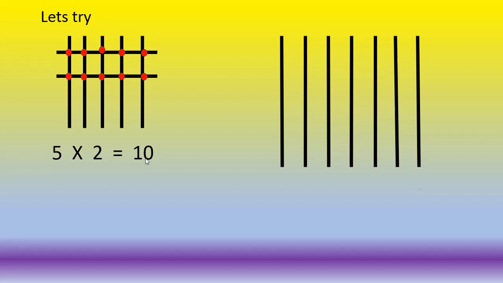Count how many vertical lines there are. 7. So, we are going to write the 7th table. One horizontal line, mark the midpoints. So, second one, mark the midpoints.